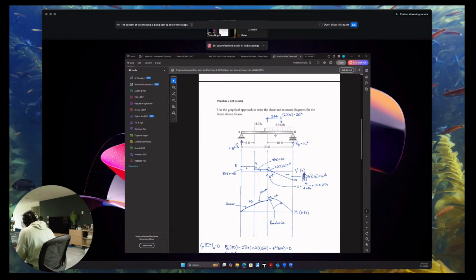So divide by FB. Divide by FB. And we are left with 20 minus 320 equals FB.